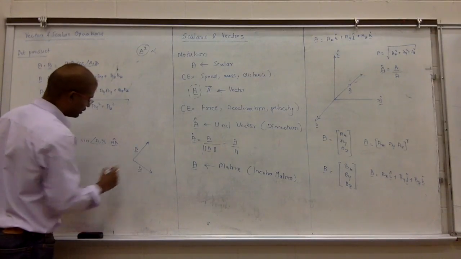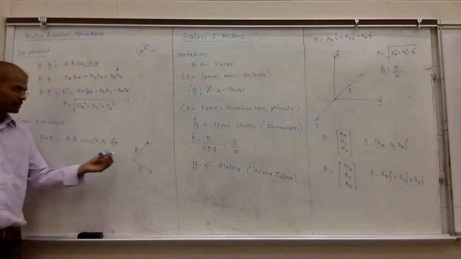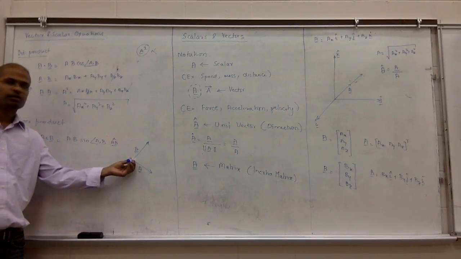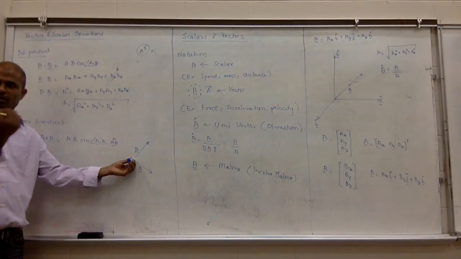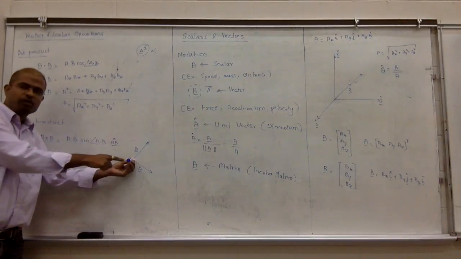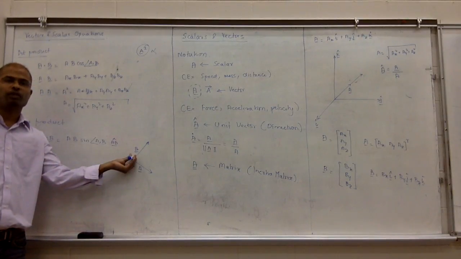So this vector, A cross B, is a vector. That vector is this. So you have an A cross B vector, and this will be perpendicular to both the A and B vectors.